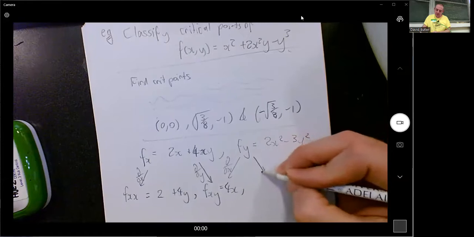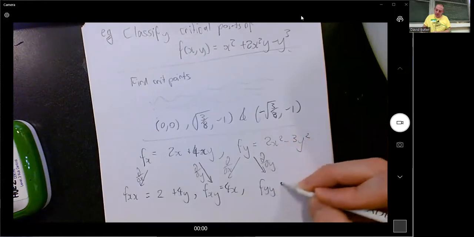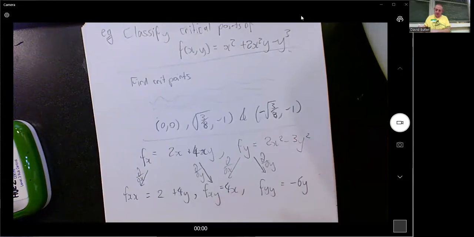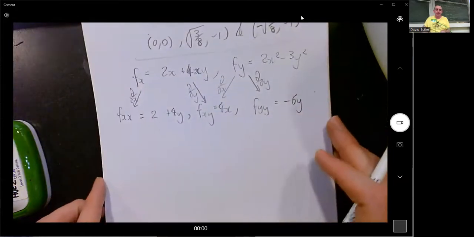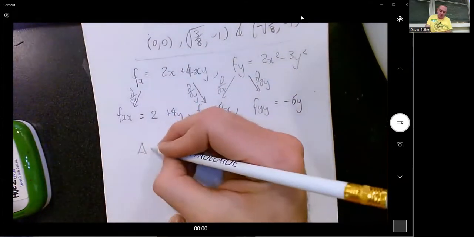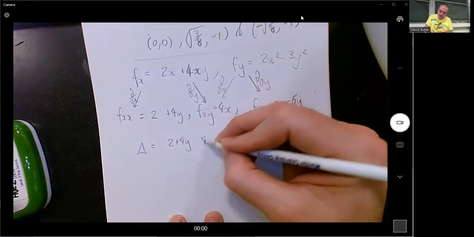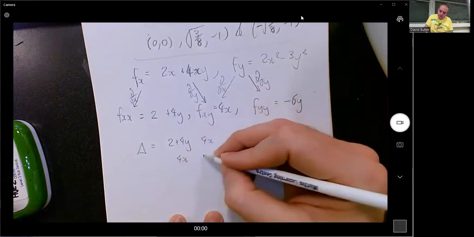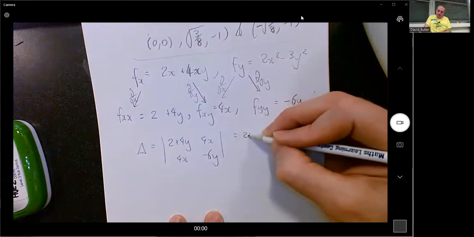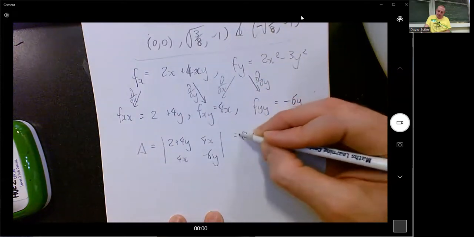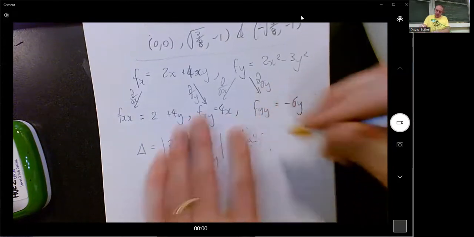And then if I differentiate this with respect to y, I'll get f of y is minus 6y. Okay. And so my discriminant times these two together.